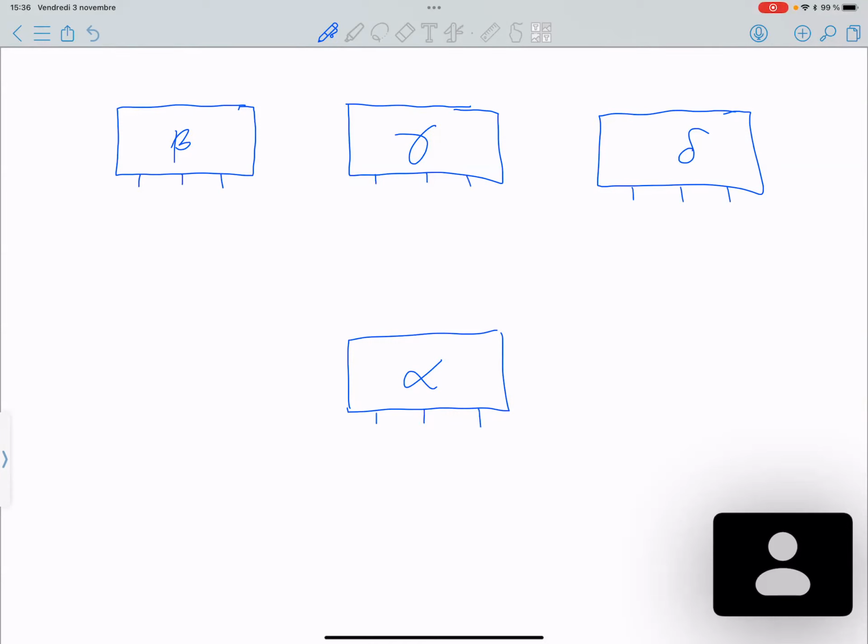So here you have x1, x2, x3, x4 is here, x5 is here, and x6 is here. And then you connect. So you put this evaluation map here, an evaluation map here.